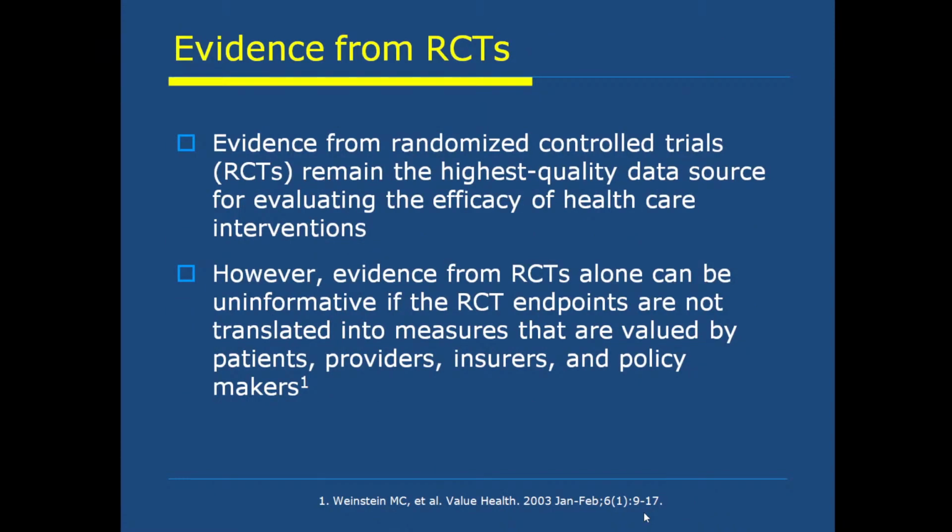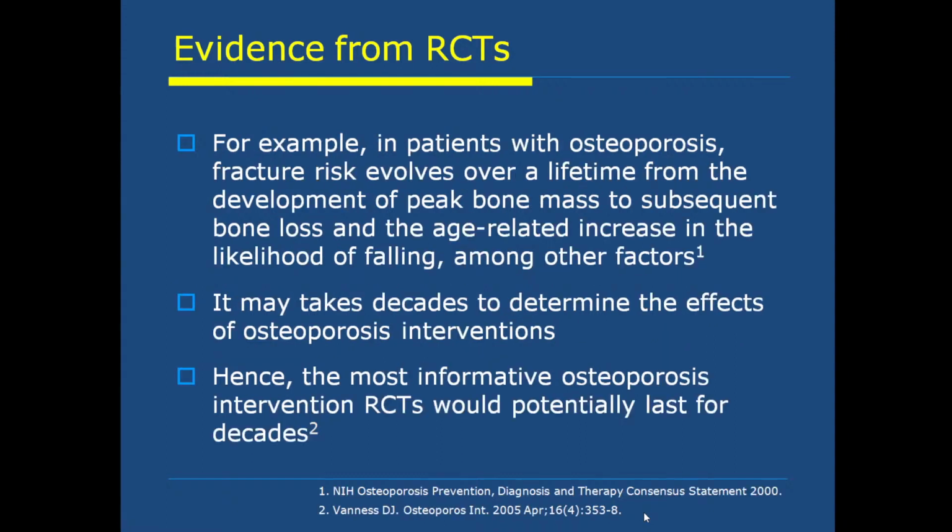Evidence from randomized controlled trials remains the highest quality data source for evaluating the efficacy of healthcare interventions. However, evidence from randomized controlled trials alone can be uninformative if the trial endpoints are not translated into measures that are evaluated by patients, providers, insurers, and policy makers.